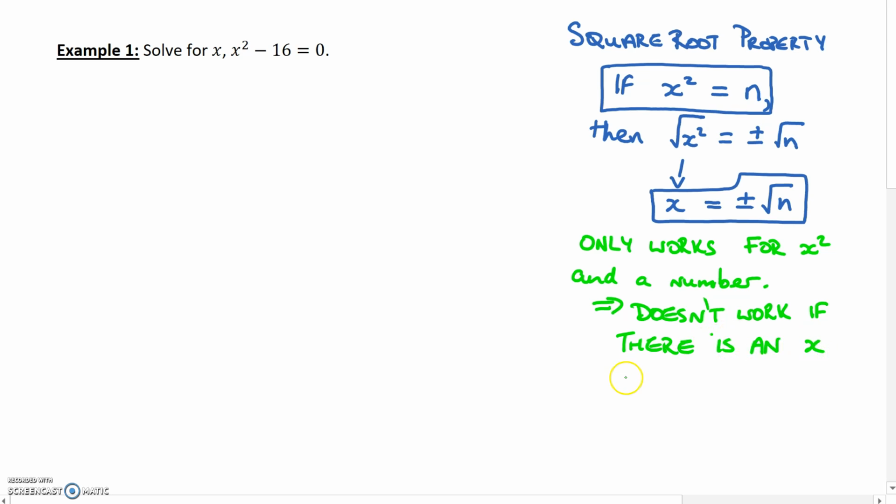It doesn't work if there's an x in the question. It only works for x squareds and numbers. Okay? Only works for x squareds and numbers. Doesn't work if there's an x in the question.